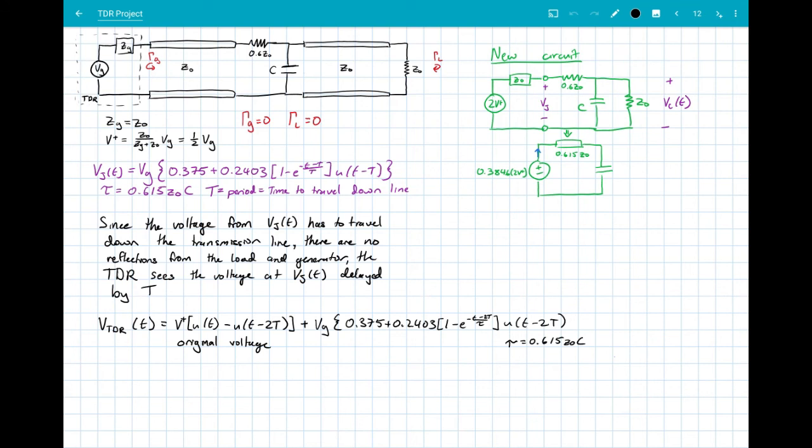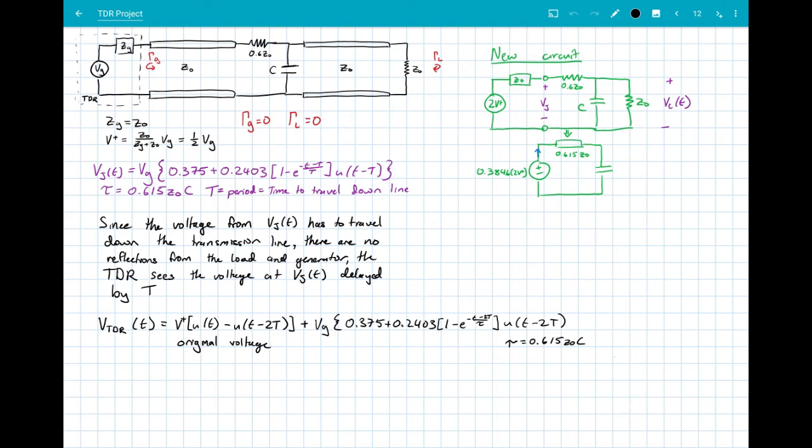In the end, what that tells us is that since it takes the junction voltage T time to go all the way back down, all we have to do is delay that voltage by T, another T, and we also know that the voltage on the line will equal that half Vg value that we calculated at the beginning for all the time it takes to go down the line and back.